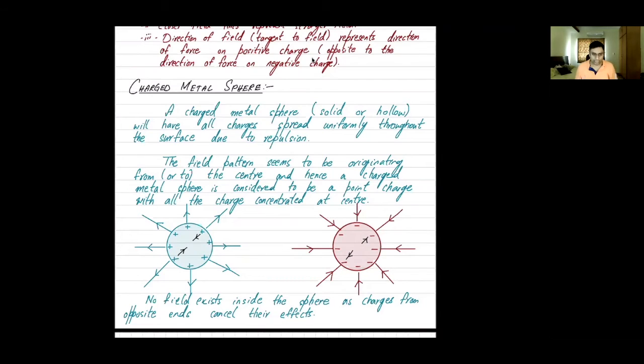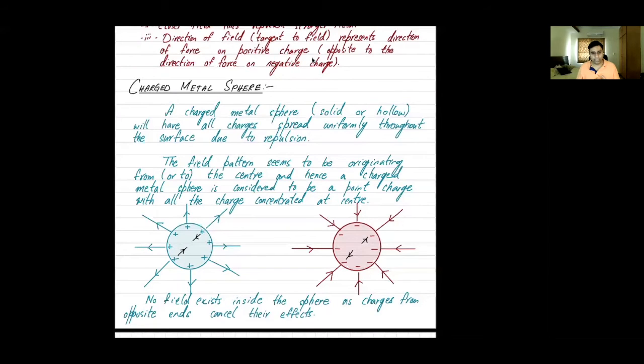Even if it is solid, the charges are not going to be inside. They're going to be right on the surface, and they're going to be evenly spread throughout the surface. So first of all, if there is a charged metal sphere, all the charges, be it positive or negative, are going to be spread throughout the surface of that metal sphere.